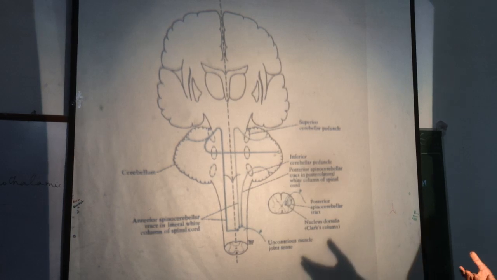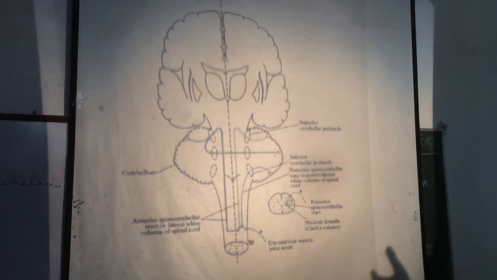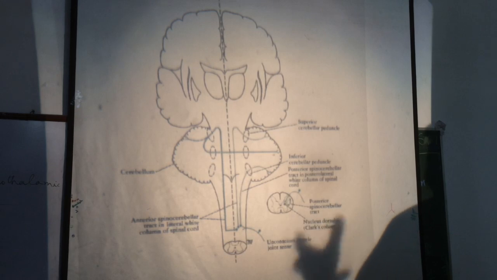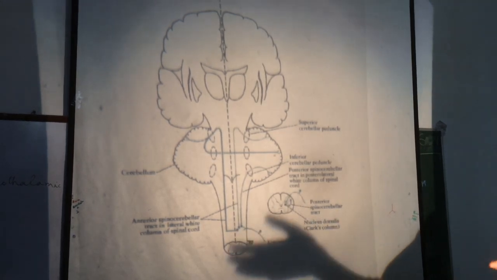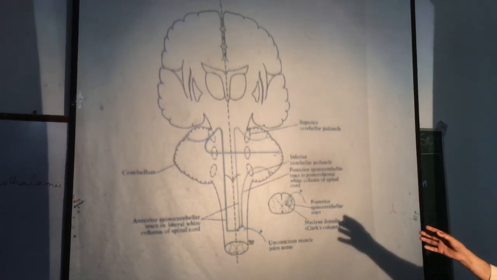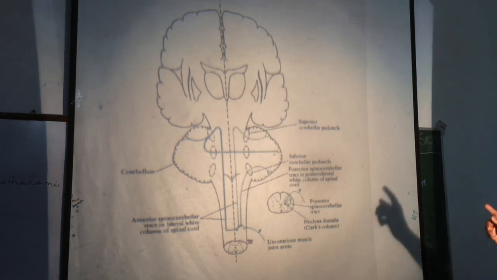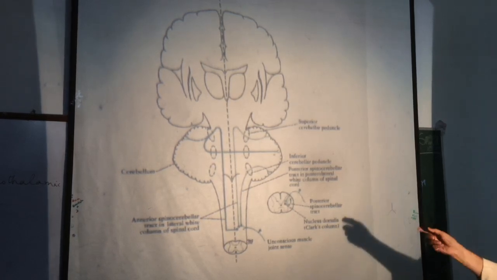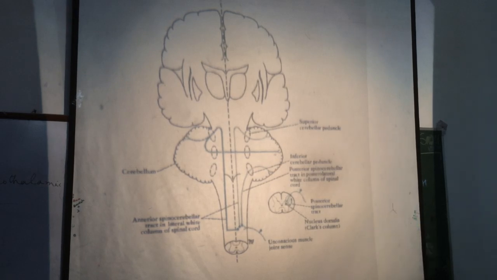So these proprioceptors respond to change in position and movement. From the proprioceptors, impulses are carried by the posterior spinocerebellar tract to the cerebellum.